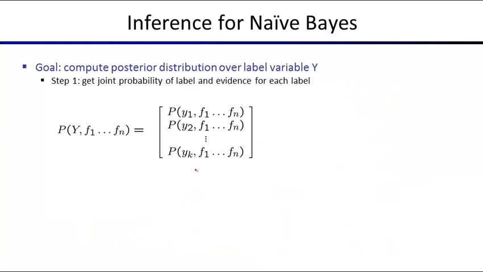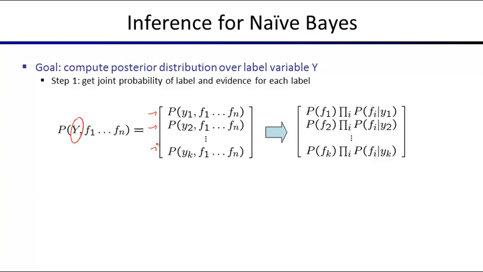So how do we run inference in this naive Bayes model? Very straightforward. Once we have the features, all we have to do is compute the joint between the features and each label. So we have to do this as many times as there are values of y. It's going to give us a table, one entry for each possible label.